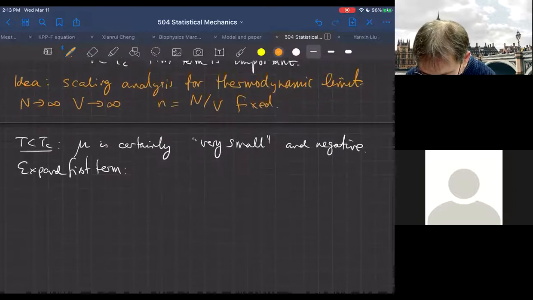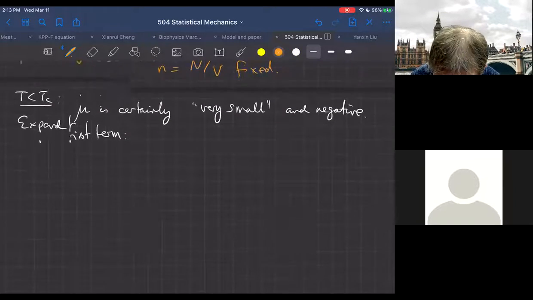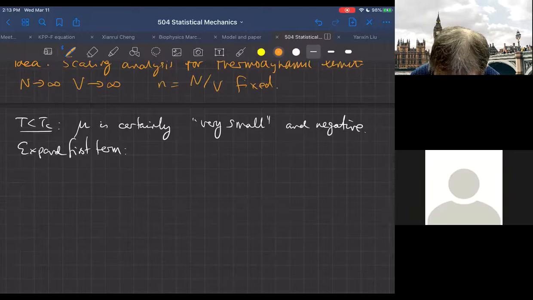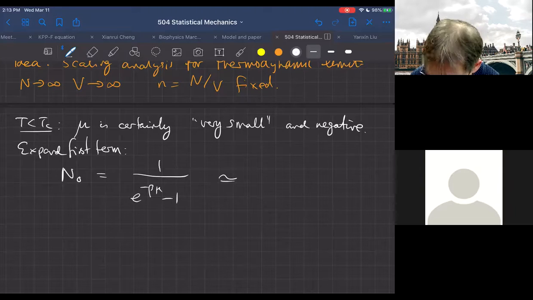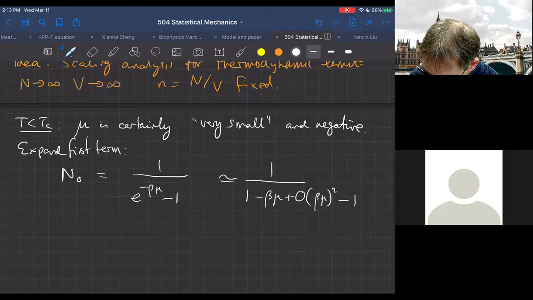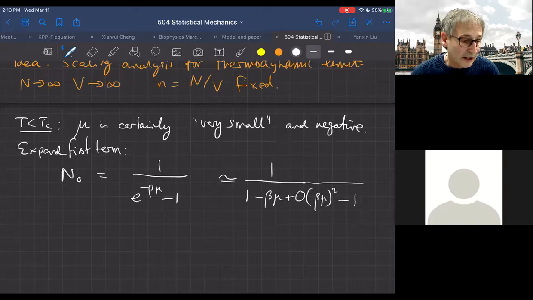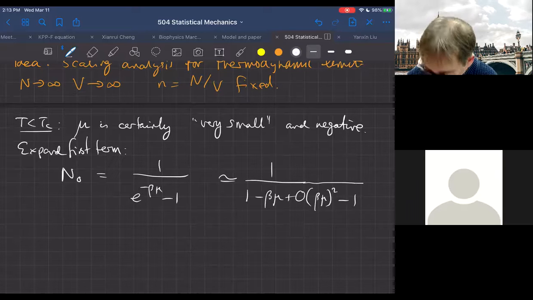That first term, I'm going to call N0. That's just simply expanding the exponential, and conveniently the terms cancel out.